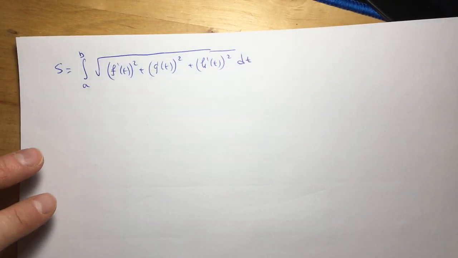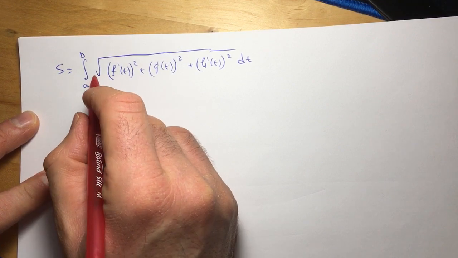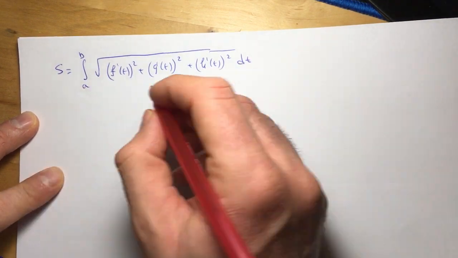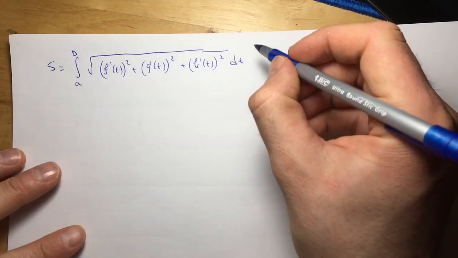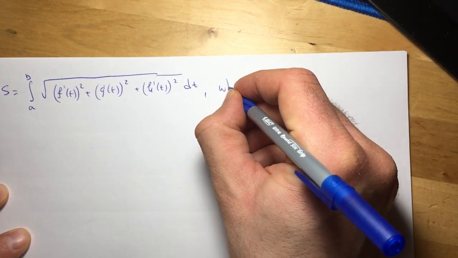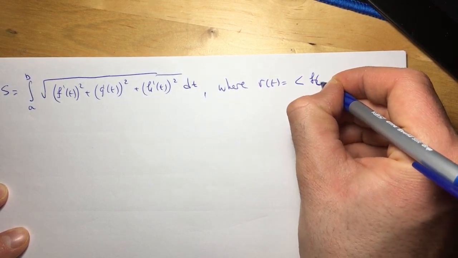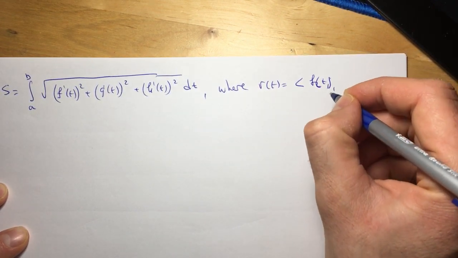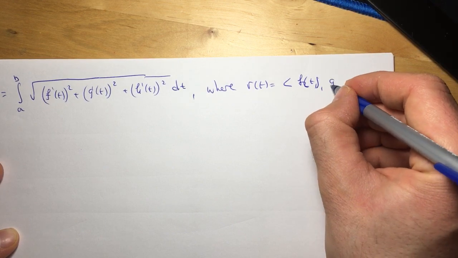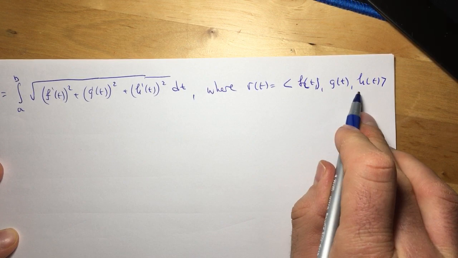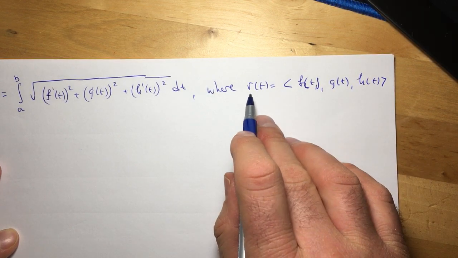But I want to point out that this square root here is nothing else, right? Where, oops, sorry. F of t, g of t, and h of t are the components of this vector function.